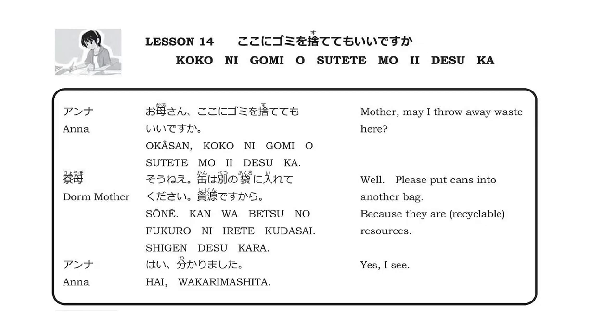Things such as magazines, cans, and plastic bottles can be recycled and used as resources again, so they're called shigen, recyclable resources. Anna answers. はい、わかりました。 Yes, I see. はい is yes. わかりました is the past form of the verb わかります, to understand. We often say はい、わかりました when we are instructed, advised, or in my case, scolded.